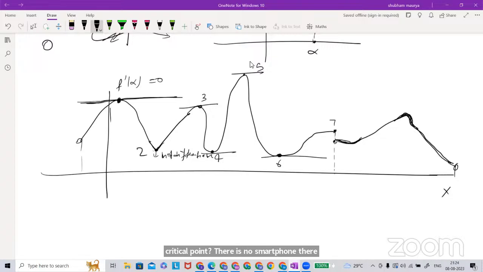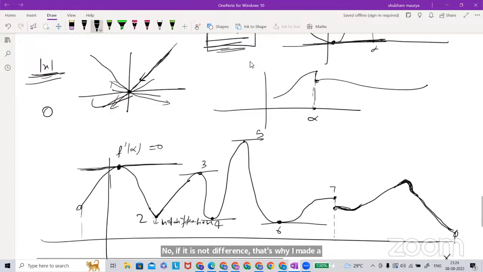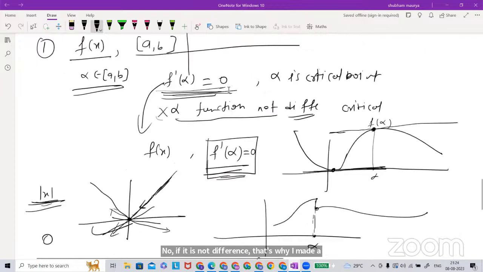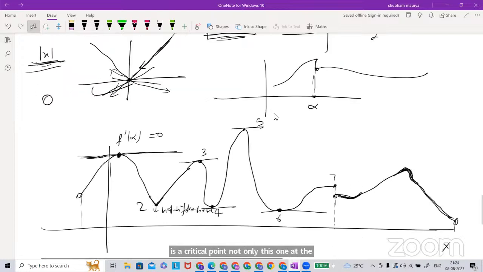No, that's why I made the definition of the critical point: we check that if the function is not differentiable, then in that case also it is a critical point. Not only this one, at the top corner it is not differentiable, that's fine. But here is the break of the function, so how could it be differentiable there? So that point is also going to be a critical point.